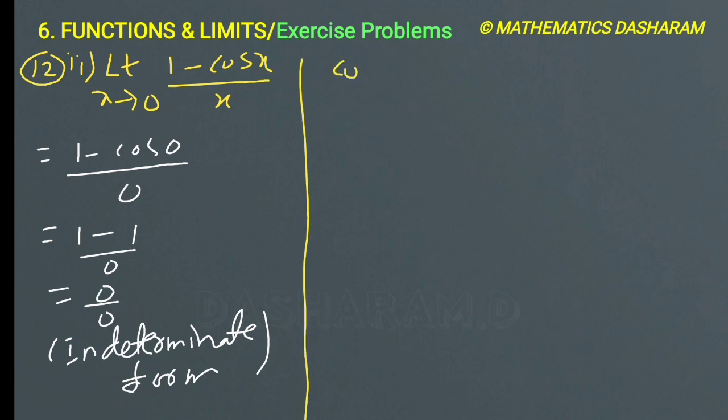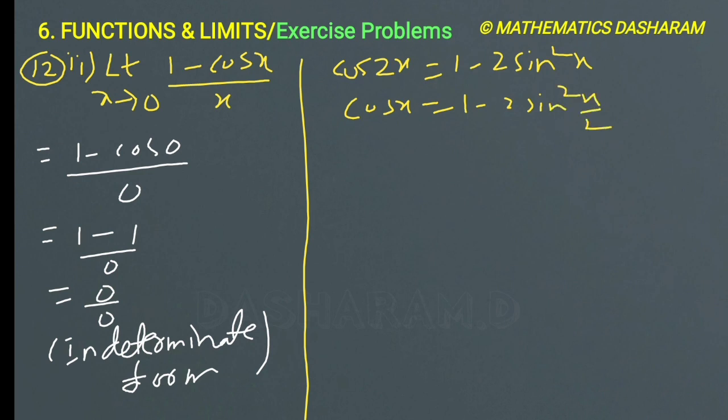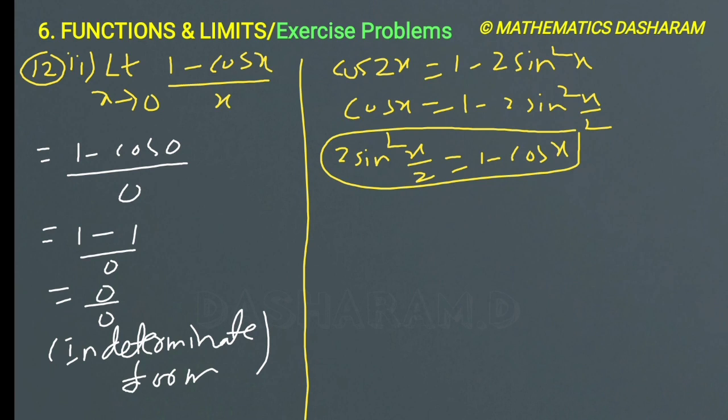So we have one formula, cos 2x, that is 1 minus 2 sin square x. From this, the cos x formula becomes 1 minus 2 sin square x by 2. So now from this, 2 sin square x by 2 equals 1 minus cos x. So substitute this value. So limit x tends to 0, in this place we can substitute 2 sin square x by 2 divided by x.